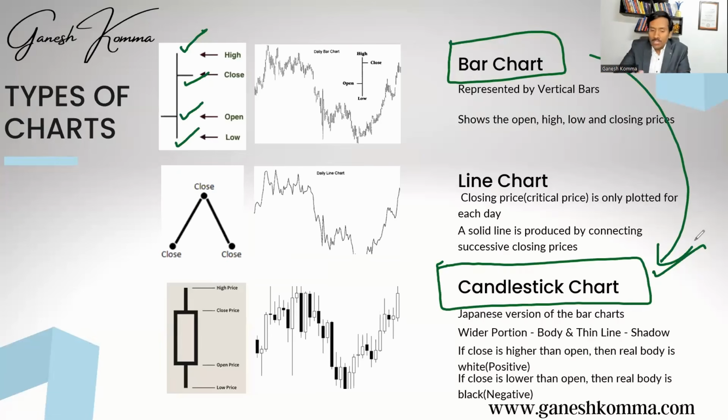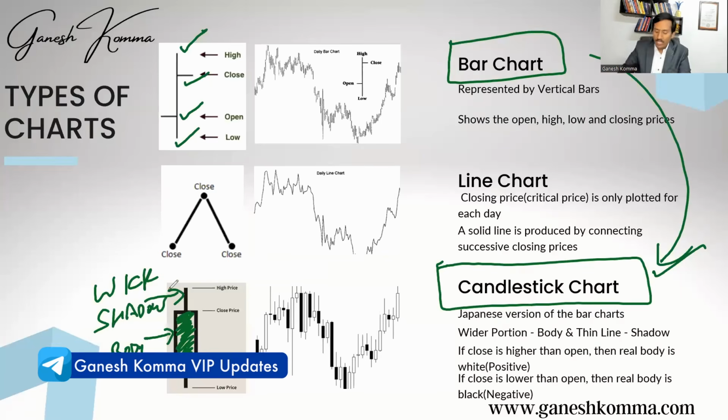And the most important is you will be getting the body of the chart. So this signifies a healthy candle. This is called the body, and this is called your wick, or it's also called shadow.